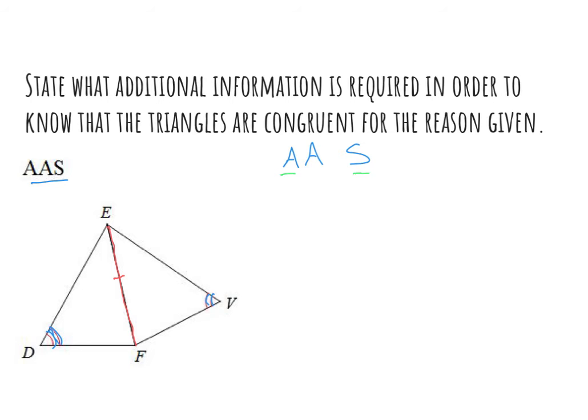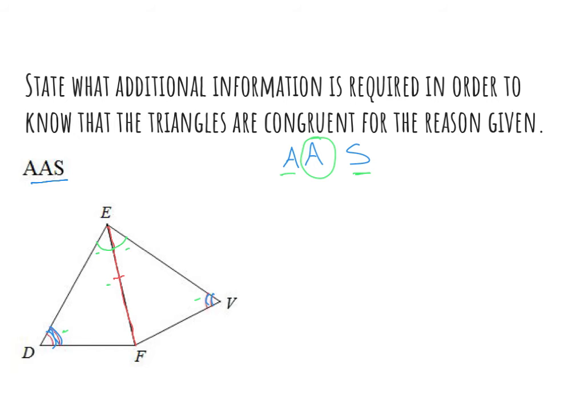Because we have one angle and one side, we're going to need an angle that will make this true. So we can have angle E congruent to angle E on this other side, because those two would make it angle, angle, side, angle, angle, side.